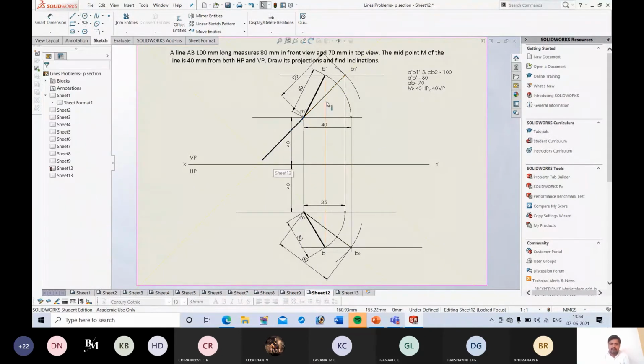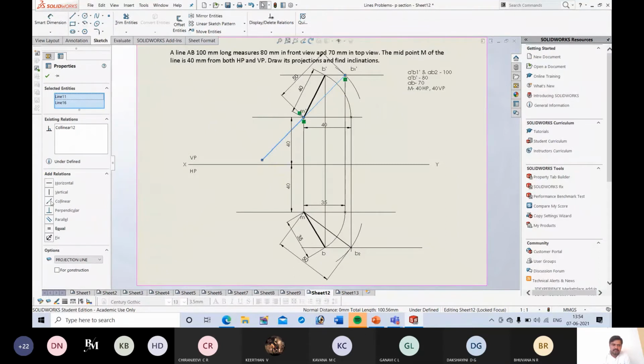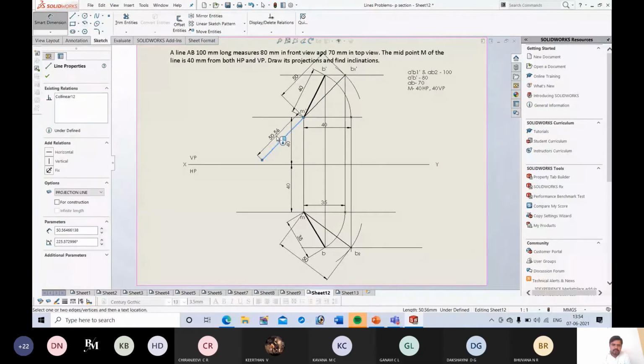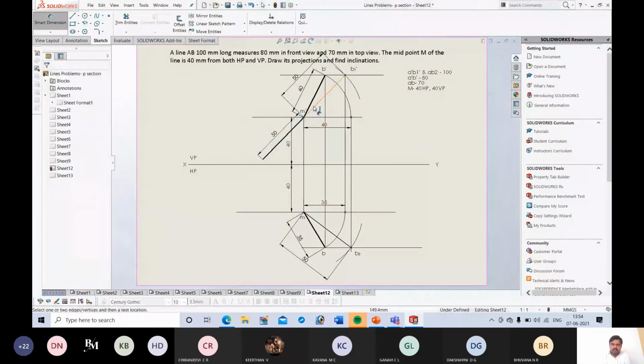Okay, so these two lines should be collinear, so it should be an extension, and its length should be 50. Or you can extend this line also. You can keep your scale on this line. If you are choosing this line for extension, its length should be 40.